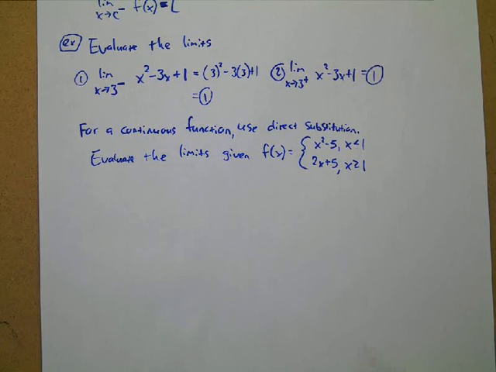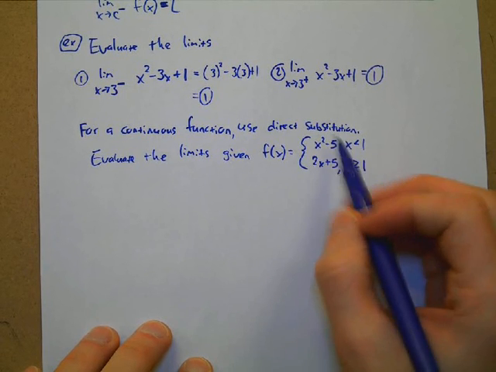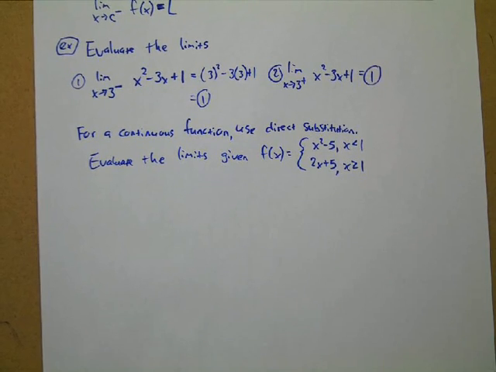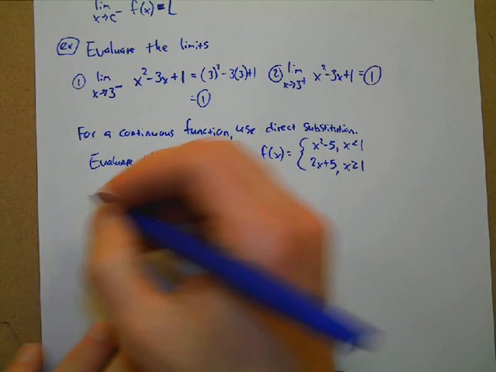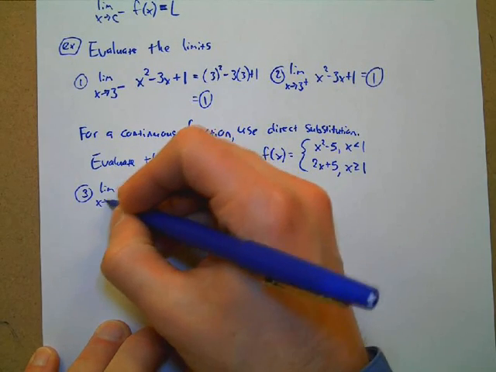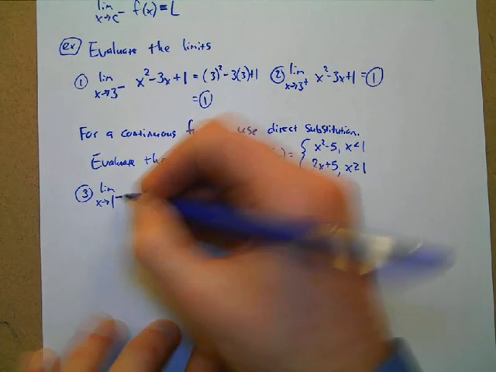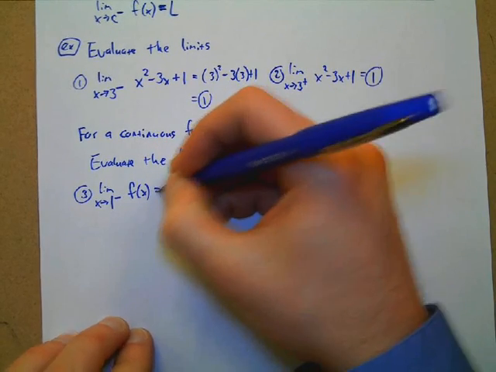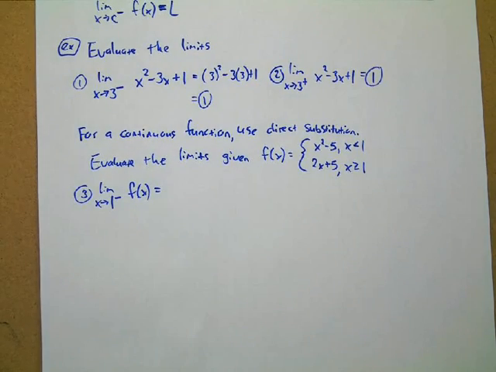Let's see here then. The limit as x approaches 1 from the left of f of x. The limit as x approaches 1 from the left with f of x.